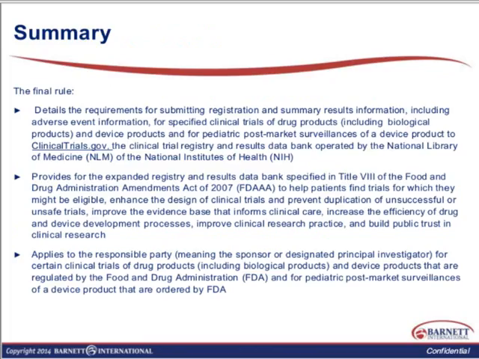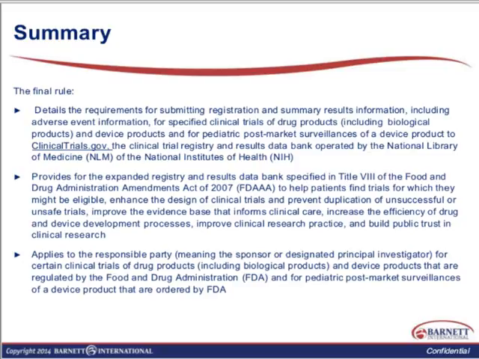So the final rule talks about, obviously, registering our studies and summary results. And we have to incorporate safety information. This is going to be aggregate data, very, very high-level data. But as we know, we're gathering information not just from our drugs and biologics, but our medical devices as well.